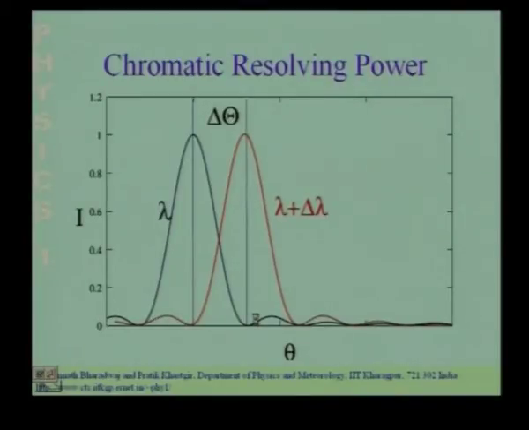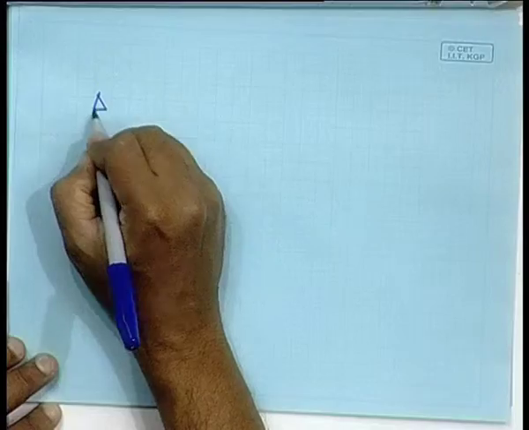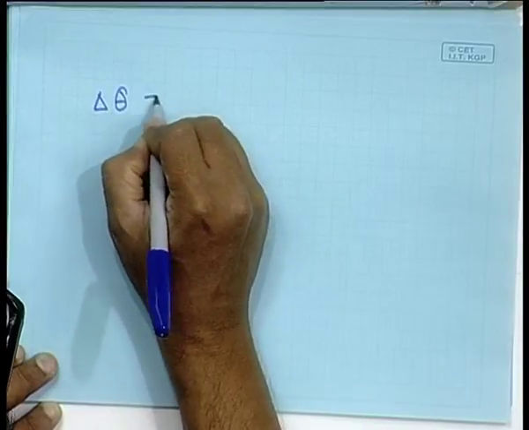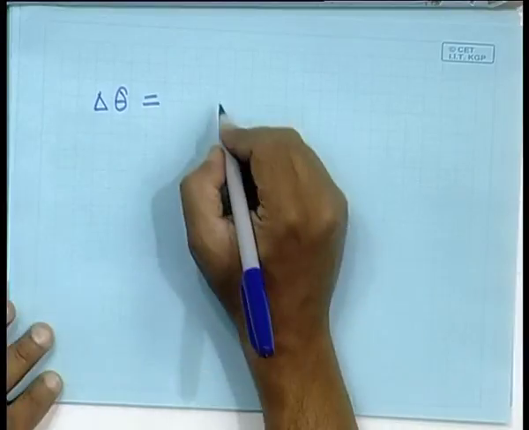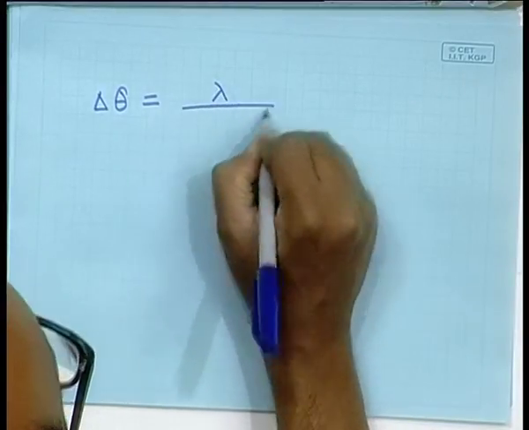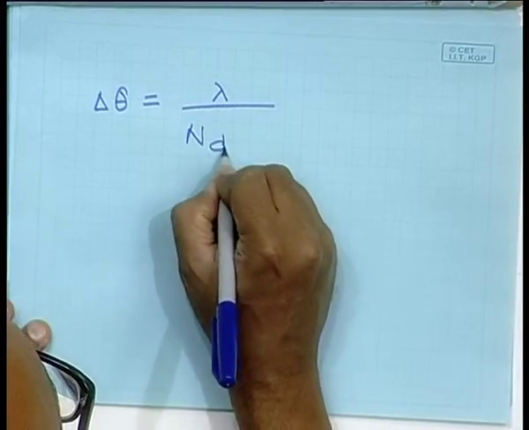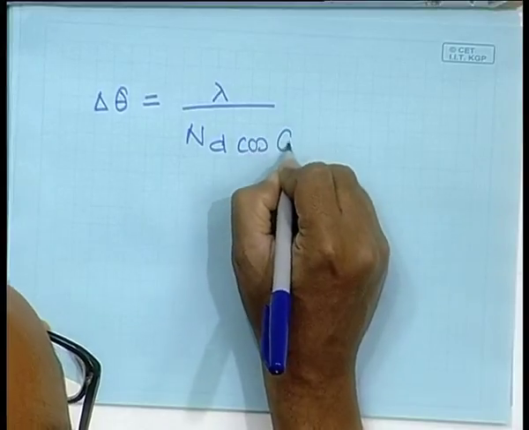The minima of the intensity profile of the diffraction pattern corresponding to a wavelength lambda will occur at an angle delta theta, the minimum will occur at lambda divided by n d cos theta m.